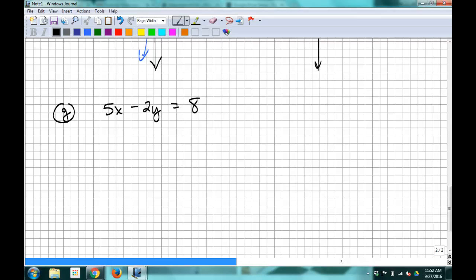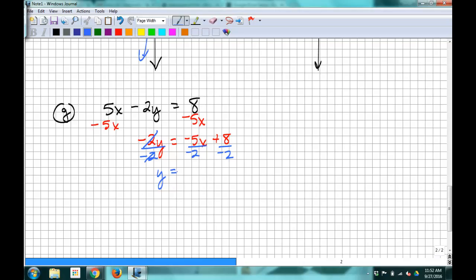Okay, going to subtract the 5x to get the y part by itself. That's going to give us -2y equal to -5x plus 8. Divide by -2. Everybody gets divided by -2. So there's y by itself.